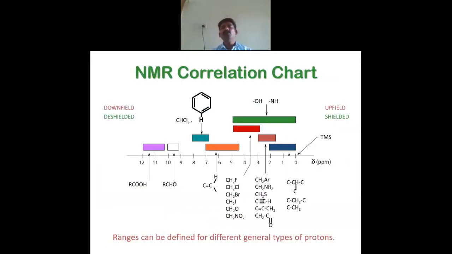So what type of compound will come in NMR? For example, in the case of benzene, this is a very important thing. Look at this figure.